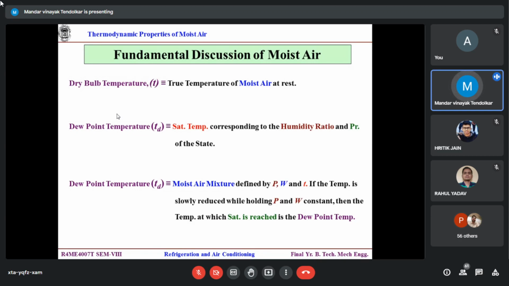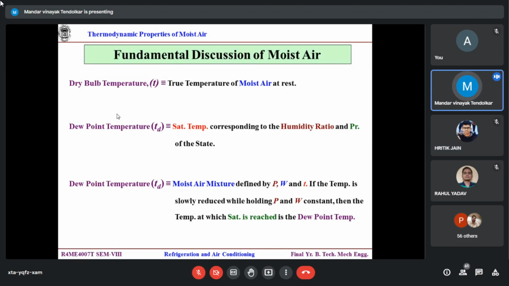This means, for example, this class, whatever the moisture is right now, you have to keep everything closed. No moisture can come in, no moisture can go out. No mass transfer. And you start reducing the temperature. Let's say right now this AC is working at 20 degrees Celsius.